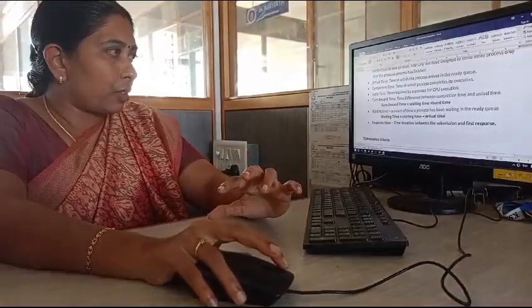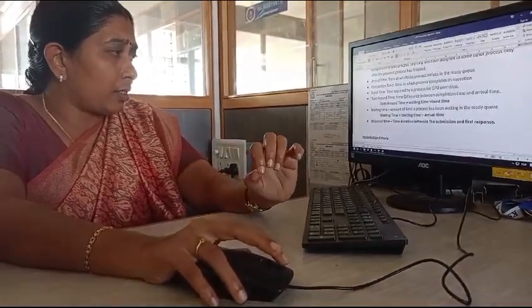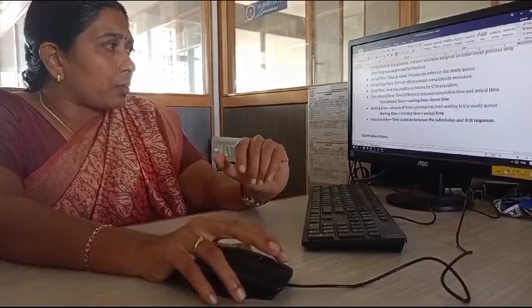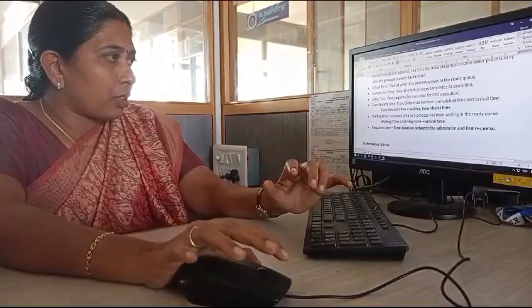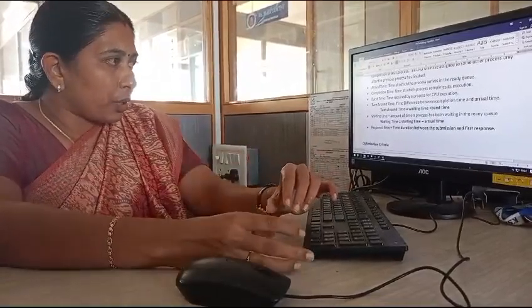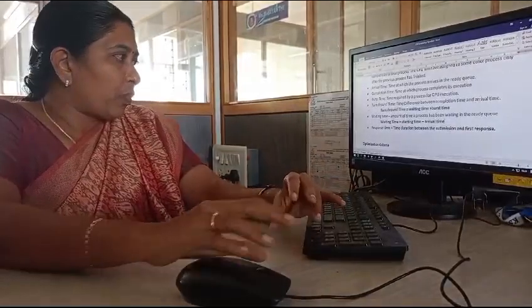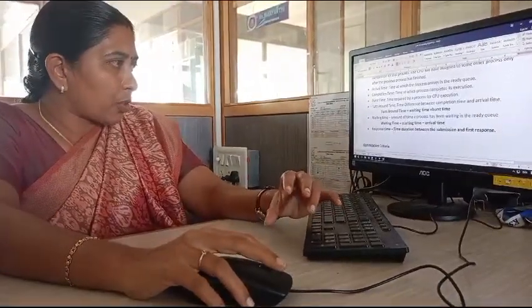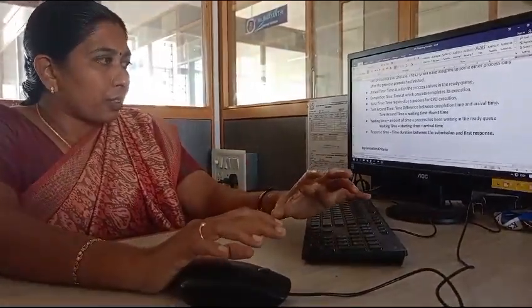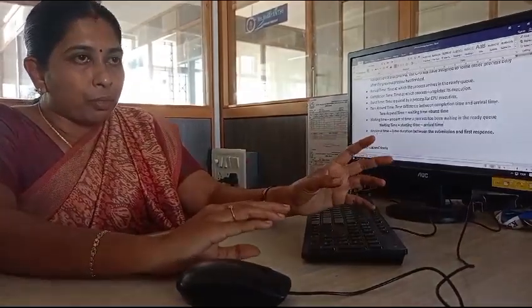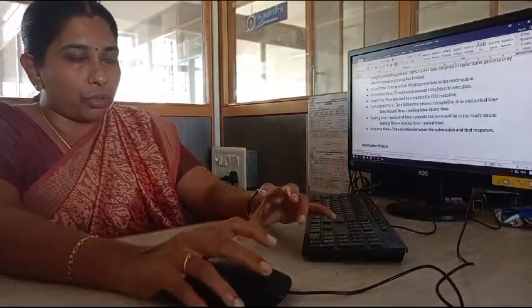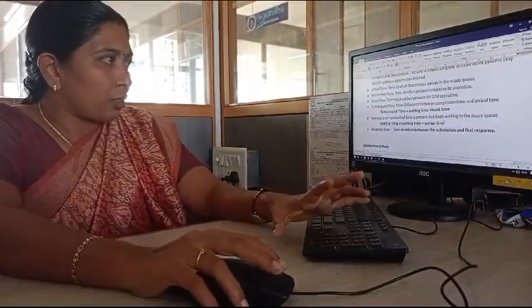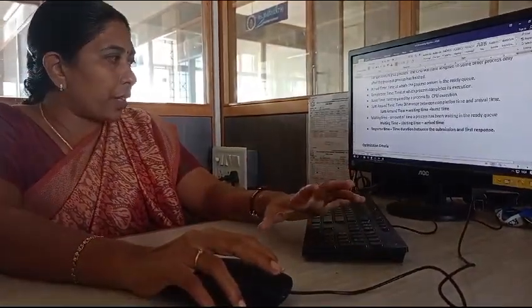That is, the starting time is the time at which the process is going to start its execution, and the arrival time is the time at which the process enters into the queue. And next one is response time. That is the time duration between the submission of the process and the first response which is going to be received. These are the terminologies used in scheduling criteria.